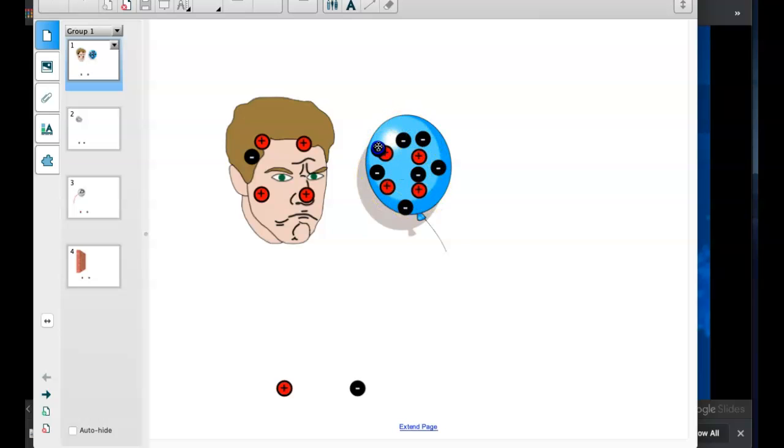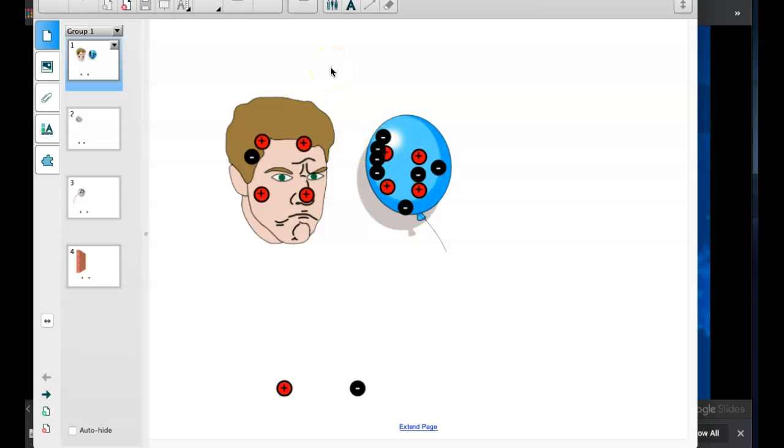Now, those electrons, when they traveled over, would accumulate right where we rubbed, right? So when those electrons went from the head onto the balloon, they are all going to accumulate in this spot right here because, again, rubber is not a conductor, it's an insulator. So the electrons aren't able to travel through it.